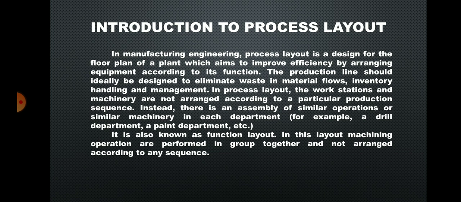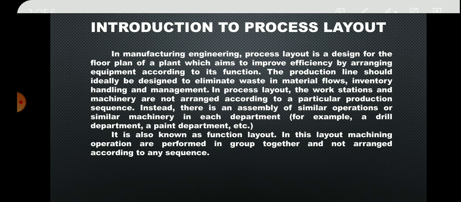It is also known as function layout because it only aims toward a function. In this layout, machining operations are performed in groups together and are not arranged according to any sequence, as we discussed above. Let us see one example of it.